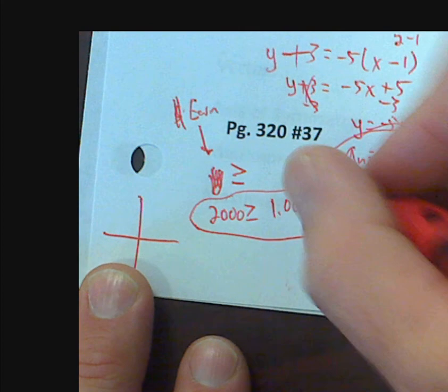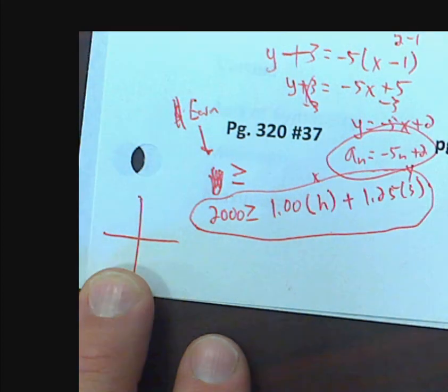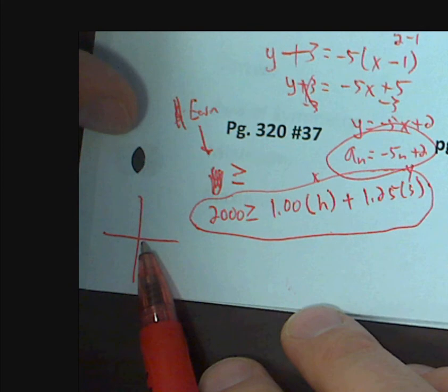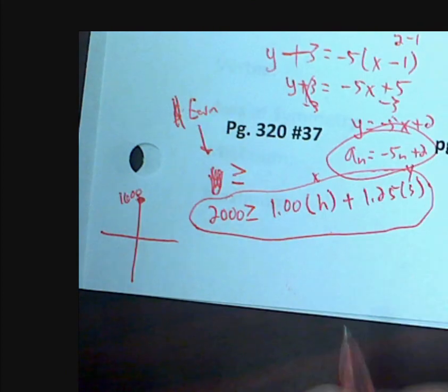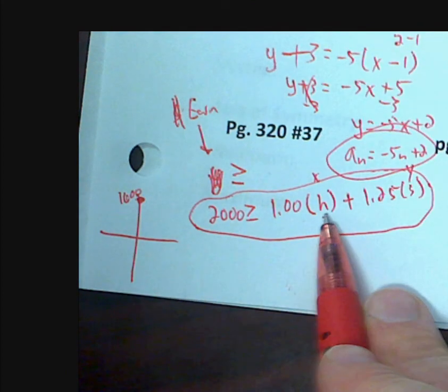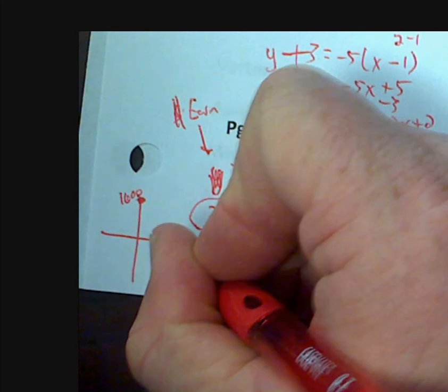So this would be my x, this would be my y. On my y-axis, I would be at 1,600. So way up here is 1,600. And then this would be at 2,000. So 2,000 was way over here.